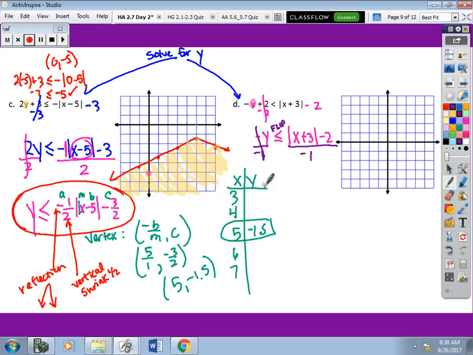So this will become y is greater than or equal to. Now, remember, there's a 1 in front, so the only things that get divided by -1 are the outside numbers, not the inside numbers. So 1 divided by -1 is -1. So that stays x plus 3. -2 divided by -1 would be a +2.